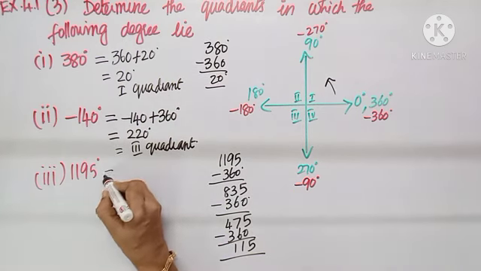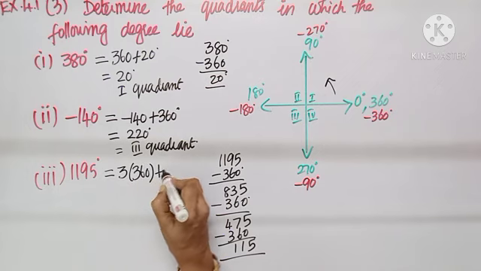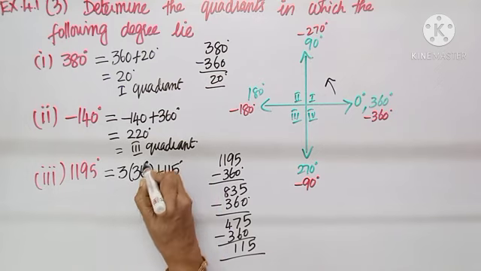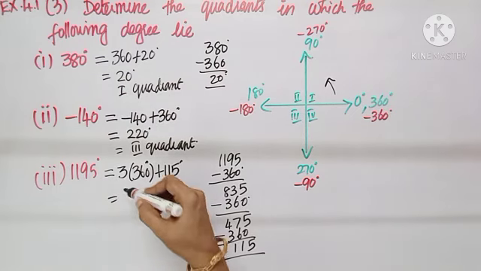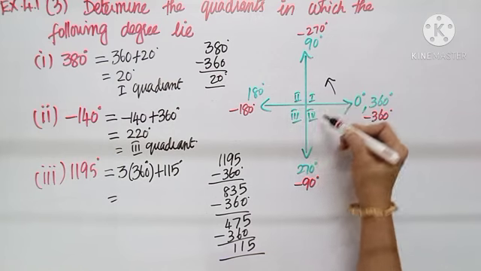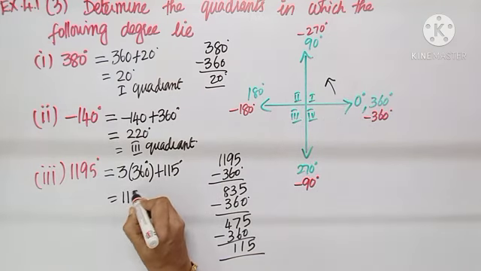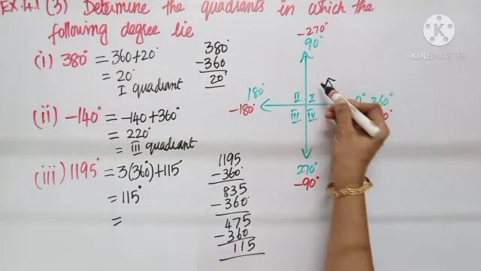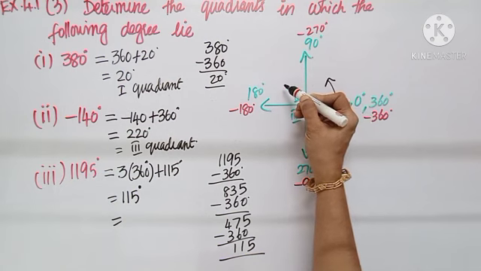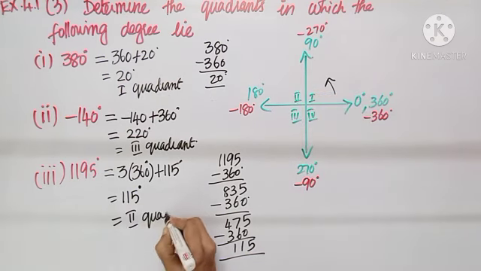So 1195 can be written as 3 times 360 plus 115. Forget this 3 times 360. The multiple tells me 3 rounds I go and I am back. So what is the left over angle? 115. 115 says first quadrant is up to 90, this is more than 90. So 115 is in the second quadrant and that is my answer.